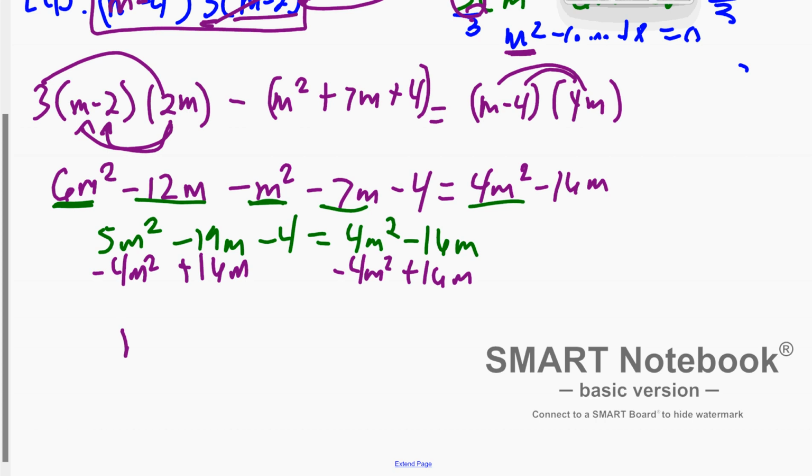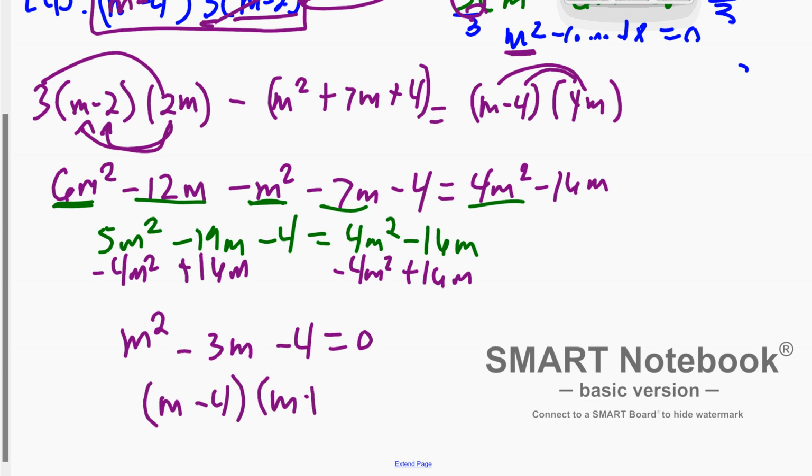But here, again, I have an m squared, so here, when I factor, m squared minus 3m minus 4 equals 0. When I factor, I get an m minus 4 and an m plus 1. I don't have to divide these by my a because my a is 1. So I don't need to worry about it. But if you do have an a other than 1, you want to divide by that.